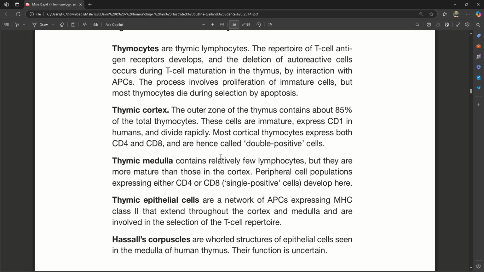This thymus is more active in young age, and its weight will be about 75 grams. But in old age, it will shrink and its size will become maybe 3 grams or 5 grams.